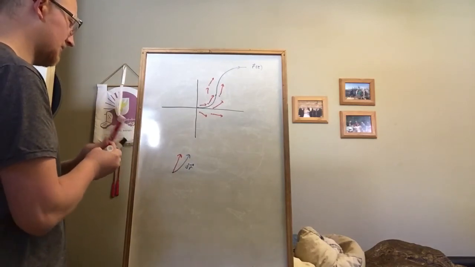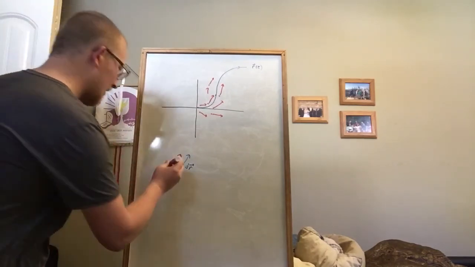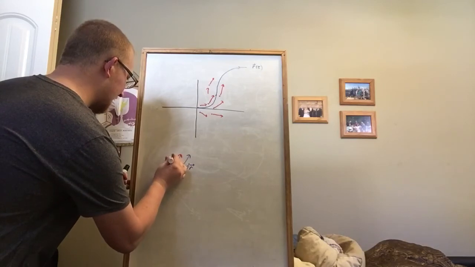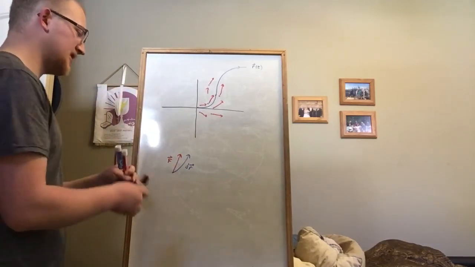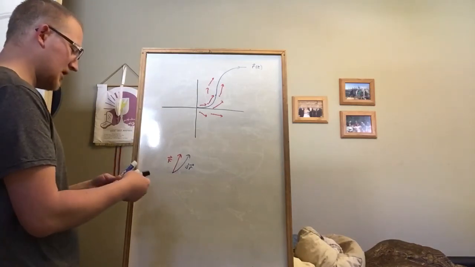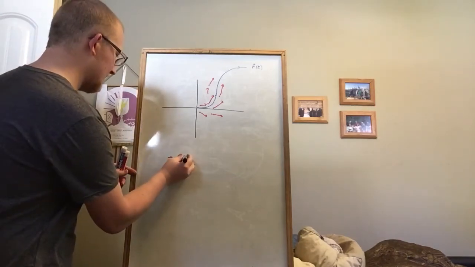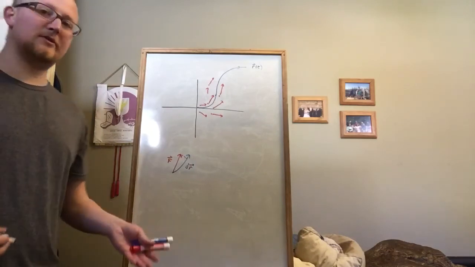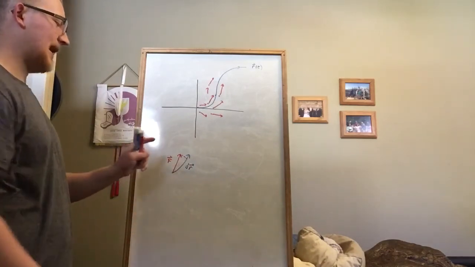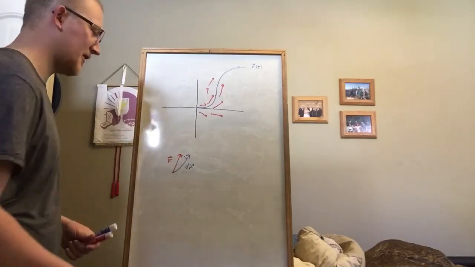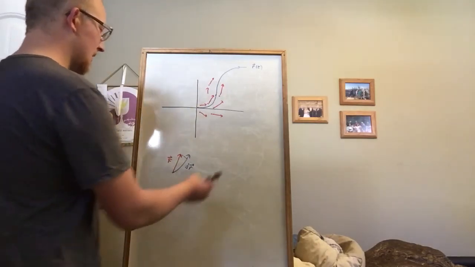And then this is going to be our vector function, I'm going to call it capital F. And what we want to do is figure out how much of F goes in the direction of dr. So we're going to do a dot product between F and dr, because we want to multiply how much of F goes in the direction of dr. So that's a dot product.